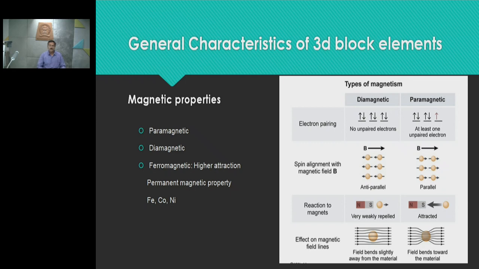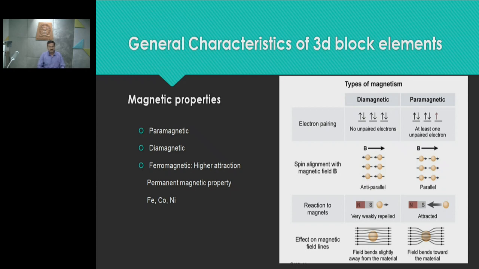But there is an arrangement of the electrons with respect to the applied magnetic field, anti-parallel or parallel. Also, when we apply a magnetic field, they are weakly repelled or attracted. In diamagnetic it is weakly repelled, while in paramagnetic it is attracted, which we can see in this figure also.